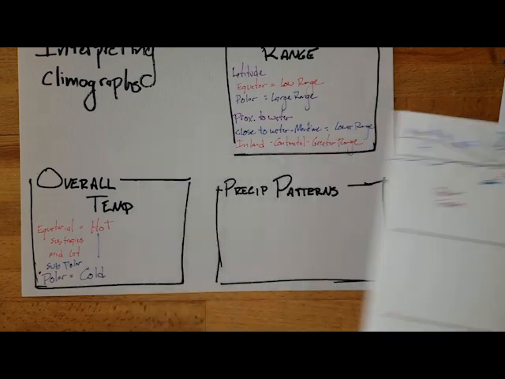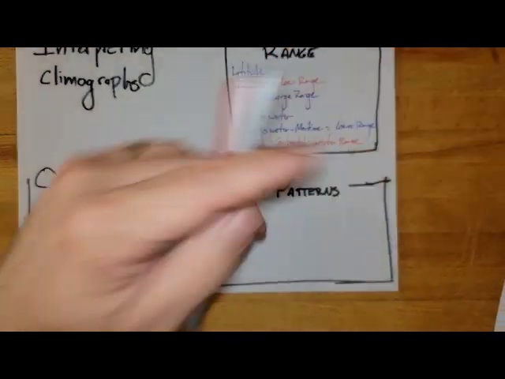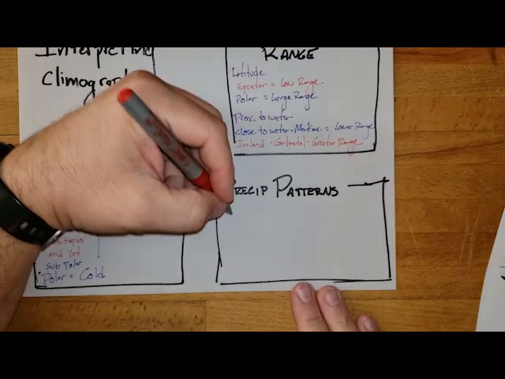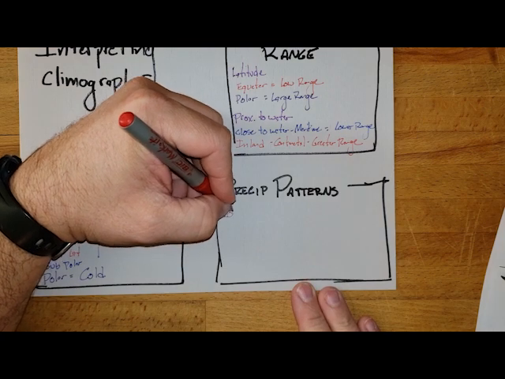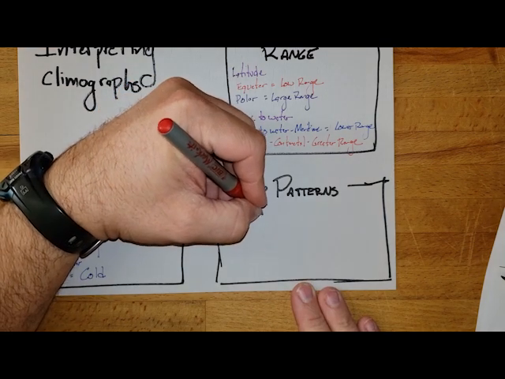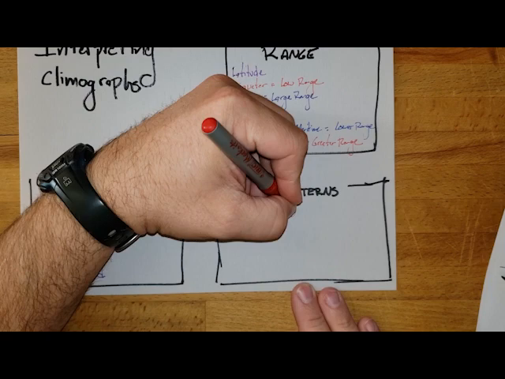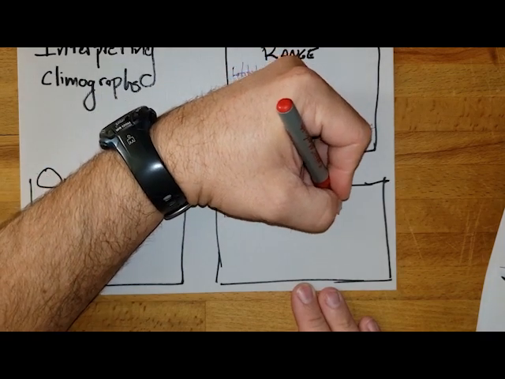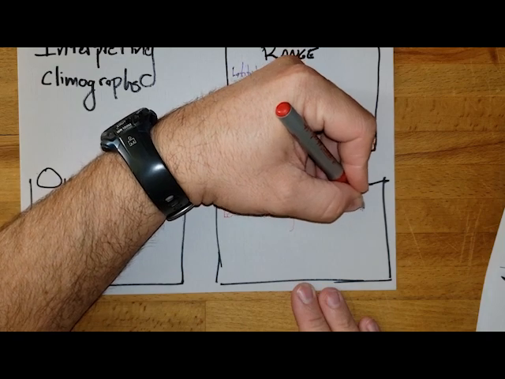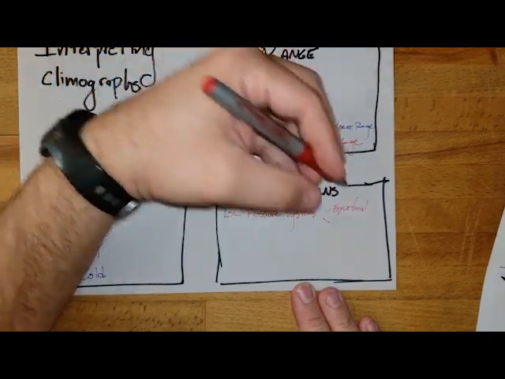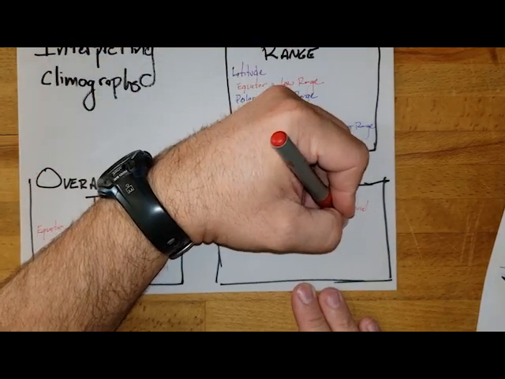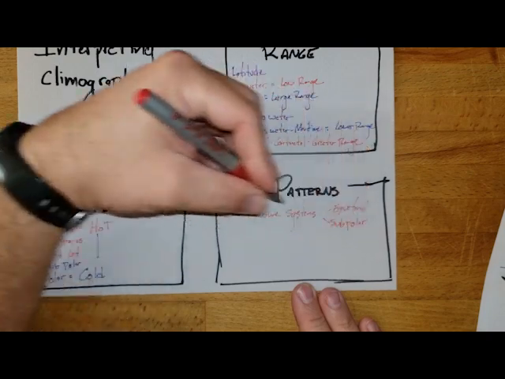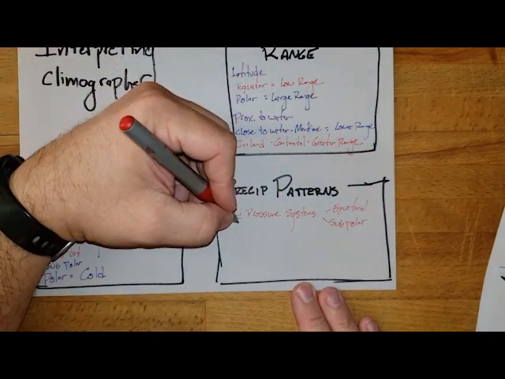And so our overall pattern with precipitation is we need to think about our low pressure systems. That's going to be our equatorial, as well as our subpolar, because where it's low, precipitation will flow.